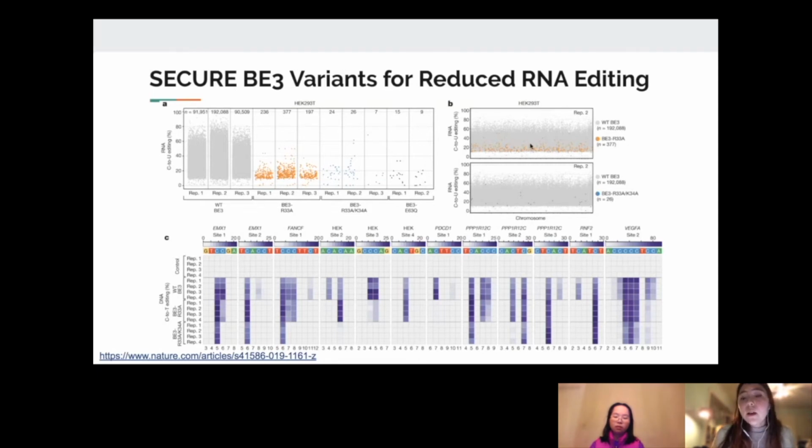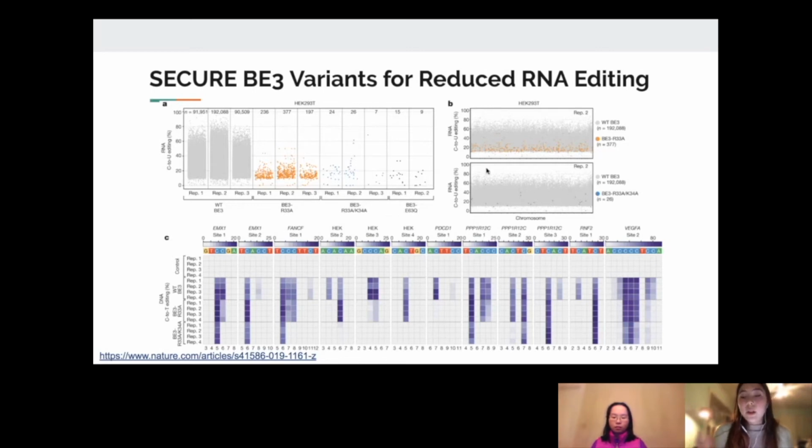And as you can see, these gray areas are representations of the amount of C-to-U editing in wild type BE3. And on top, we have in orange the number of mutations that were found from the one variation of the mutated BE3. And on the bottom, we have in blue the other set of mutations from this BE3 with the modified rat APOBEC.